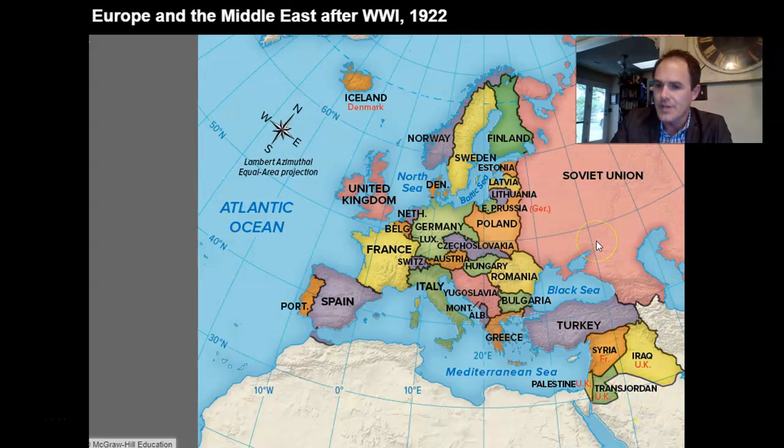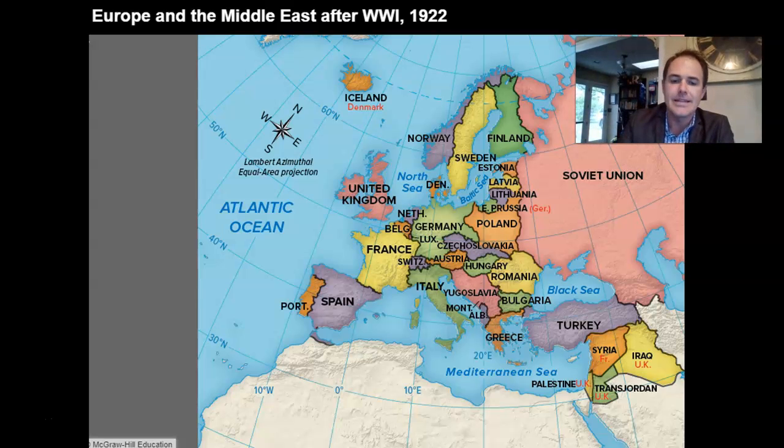And the Russian Empire broke apart into what we call the Baltic states, Finland, Estonia, Latvia, Lithuania, and Poland. Part of Poland came from the Russian Empire and the Soviet Union.